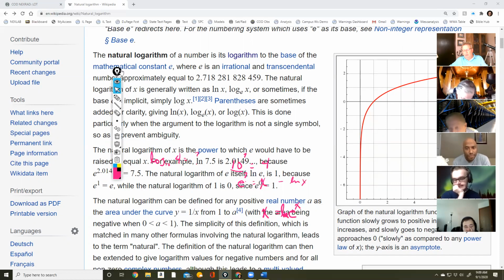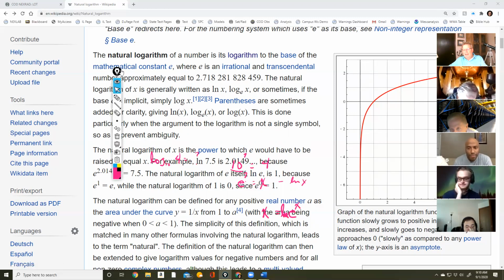It must be 0. What happens when it gets larger than 1? I'm going to say e to some power is greater than 1. Well, if e to the 0th is 1, then e to any other power that is greater than 1, I must be a positive value.